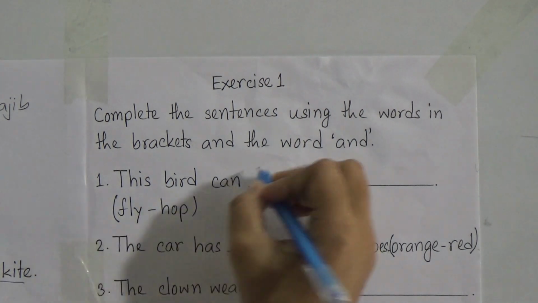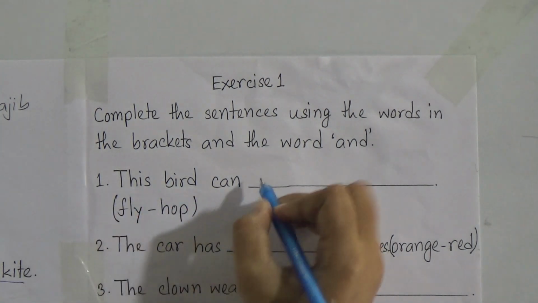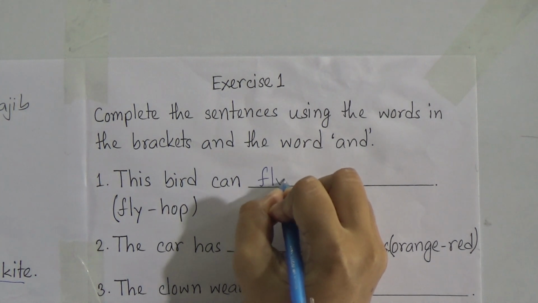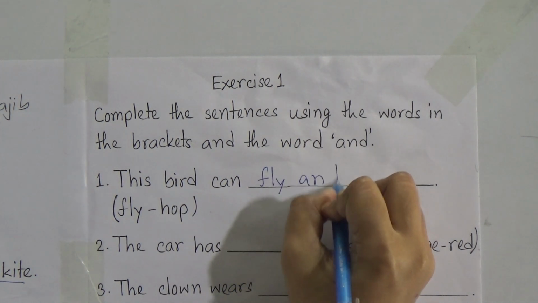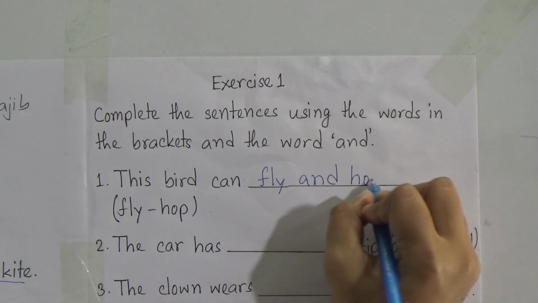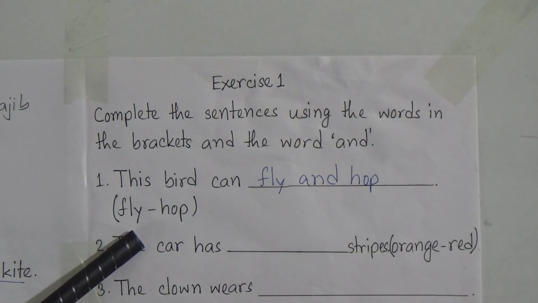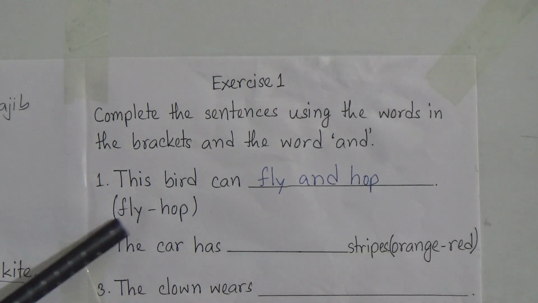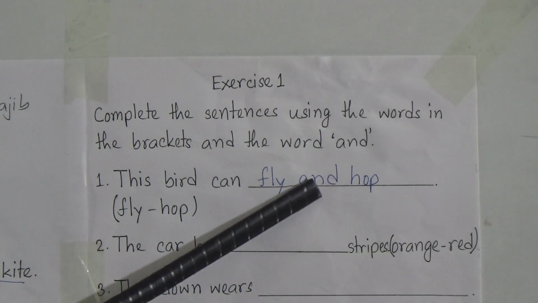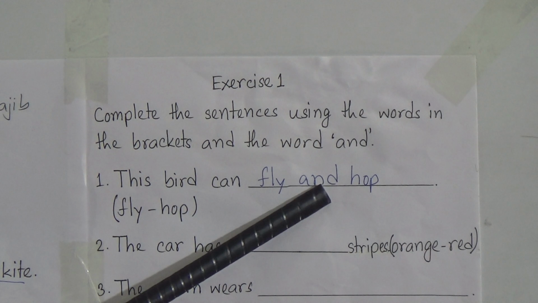So there will be the answer. I mean, this bird can fly and hop. So this is our answer. We join two words by "and," I mean using "and."